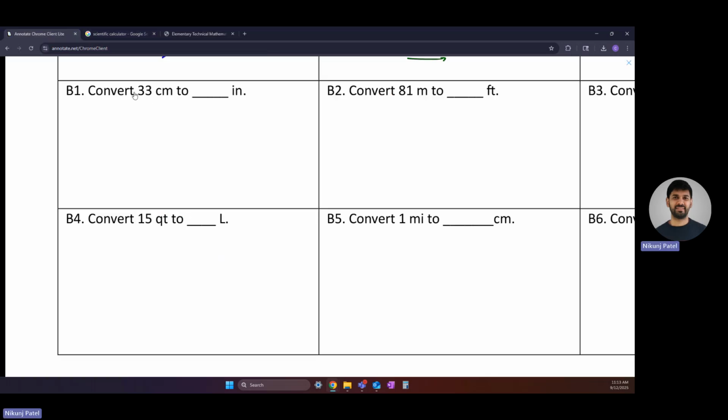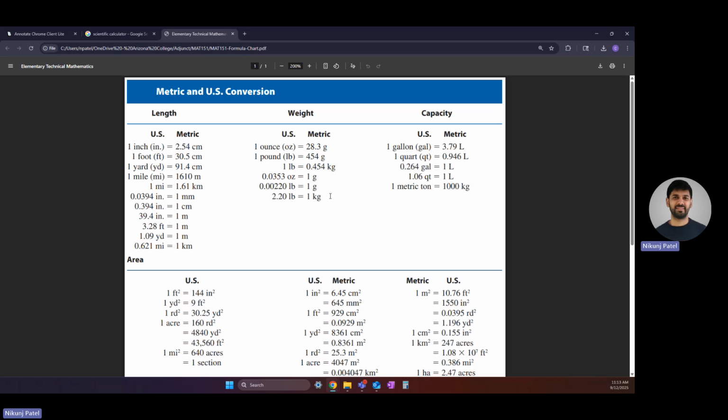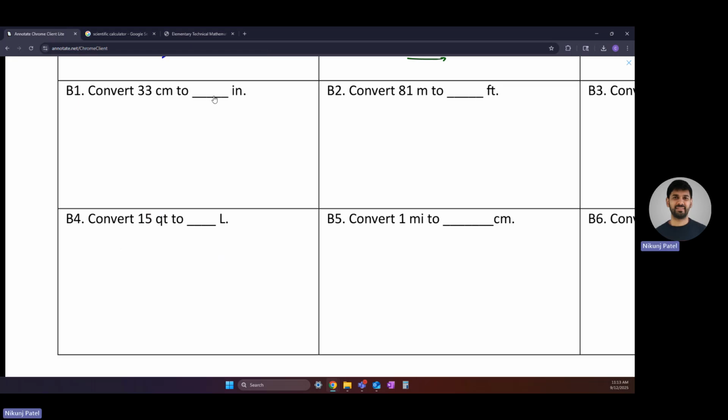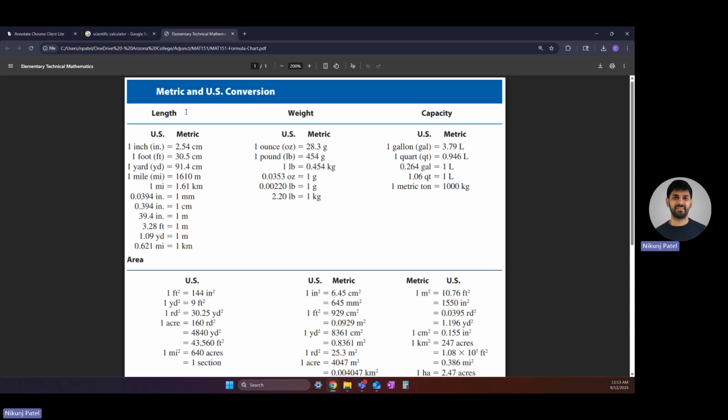So looking at B1, it says convert centimeters to inches. So we look at our conversion chart. Centimeters and inches measure length. So we're going to look in this list to see if we have a centimeter to inch conversion factor. And if you see right here, we have this first one, 1 inch is equal to 2.54 centimeters.